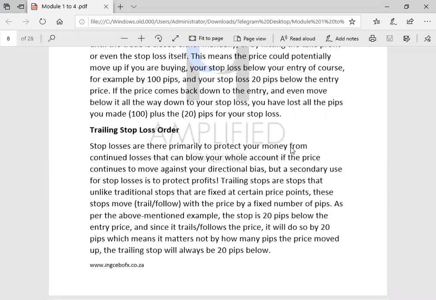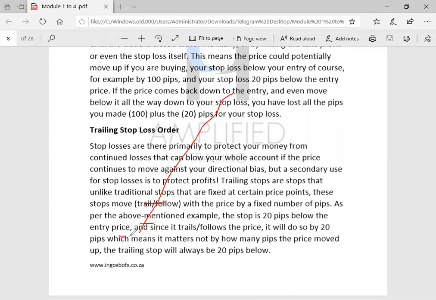Okay, now the trailing stop, primarily to protect your money from losses. A trailing stop loss would help you to trail a market where, let's say, it's going in your direction, right? So the market is moving slowly towards whatever intended direction that you pick. Let's say you said the market is going to go up, so you would take that stop loss and you'd actually start moving your stop loss.